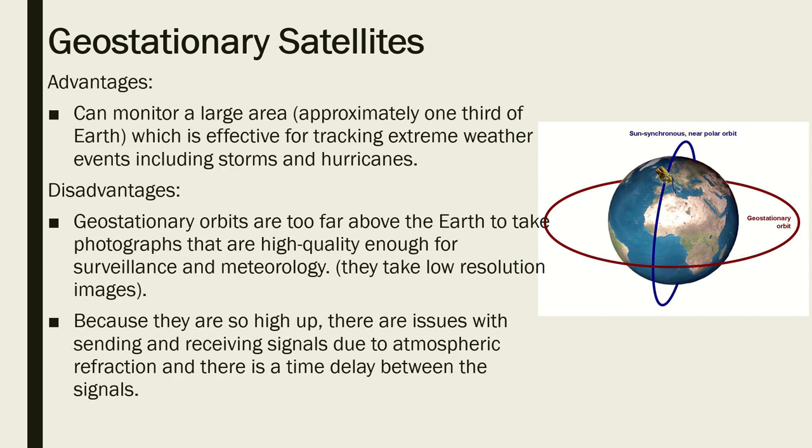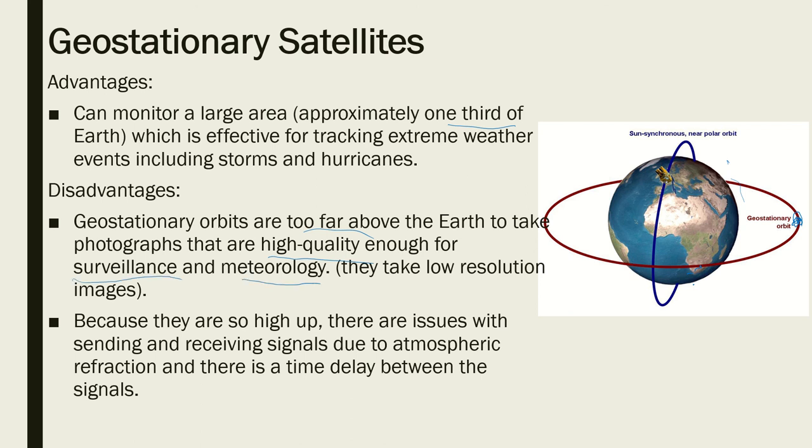Now, advantages. Because it's so high up, it actually monitors a large portion of the Earth, approximately almost a third of the Earth. So it can track weather events and large-scale weather events. However, because it is so high up, it doesn't take very good quality photos, and so it can't be used for surveying an area or even meteorology.